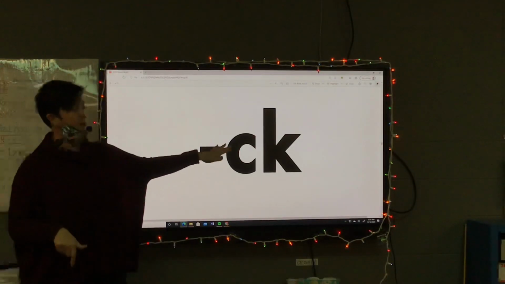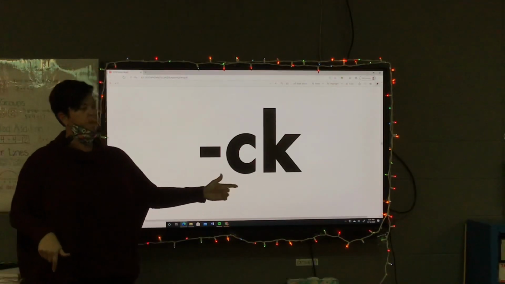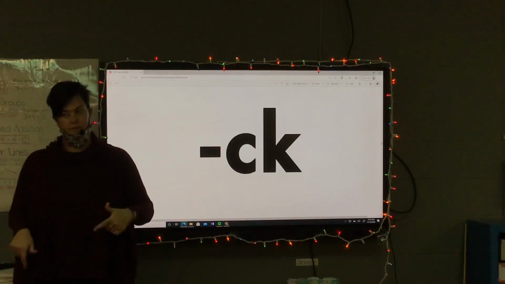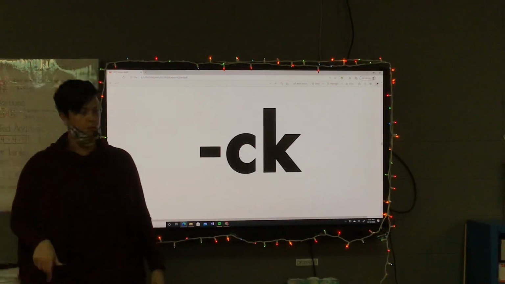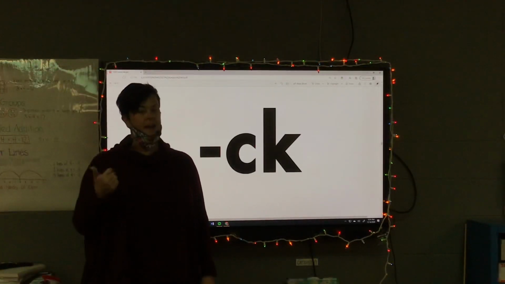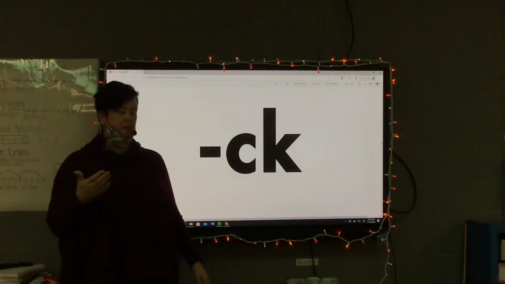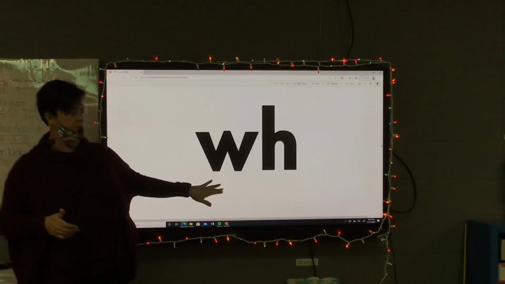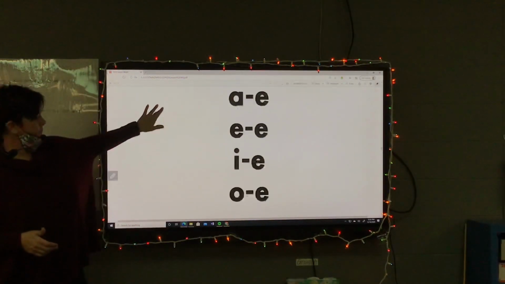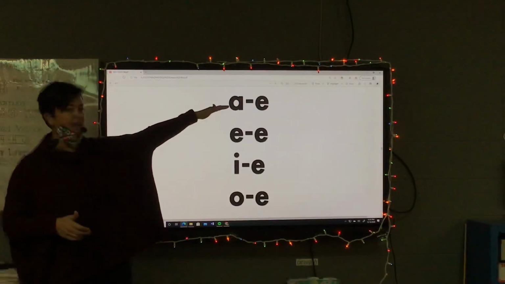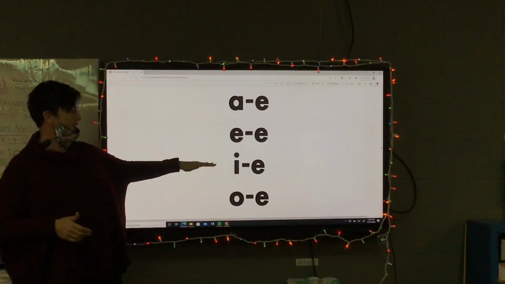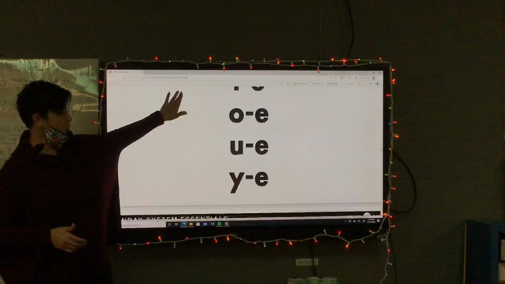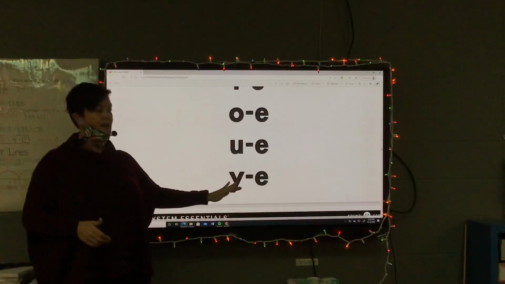It's the CK at the end of a word when there's a short vowel in front of it. Again, our short vowels say A, E, I, W. A, E, I, O, U, I.